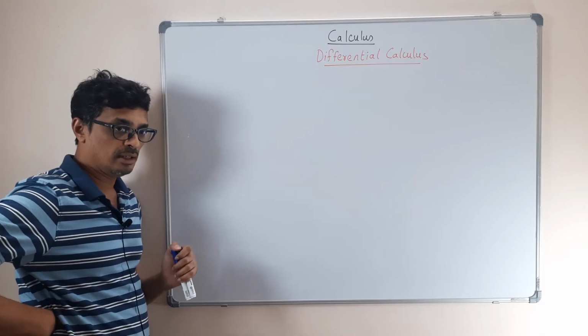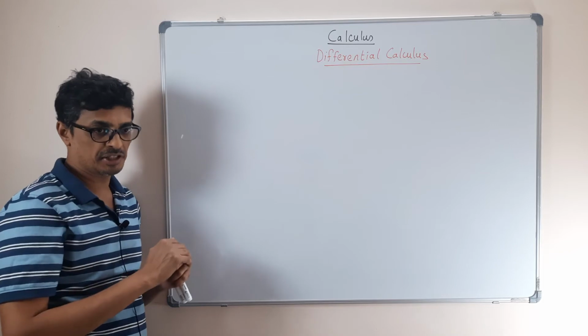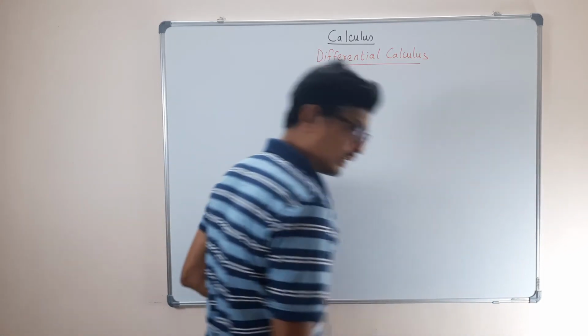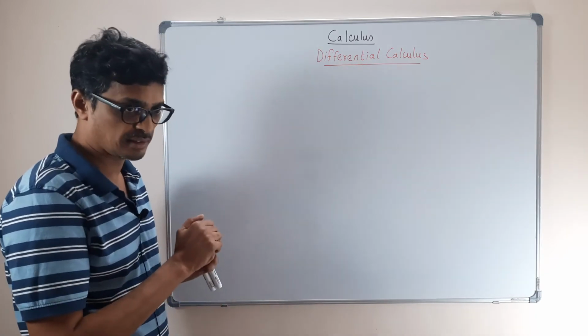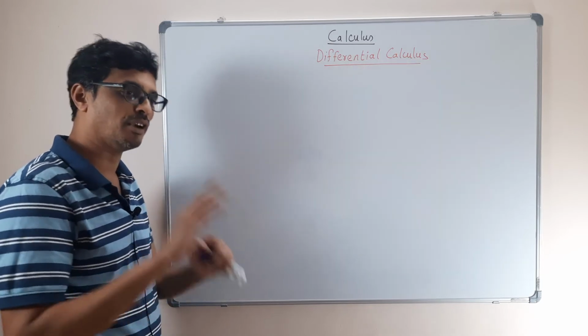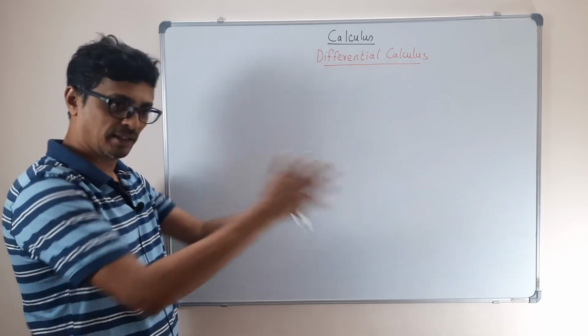Now we will see some of the properties of differentiation. We will not prove most of the things, because you will learn all those proofs in your 12th standard, and you will be using them in later classes also.